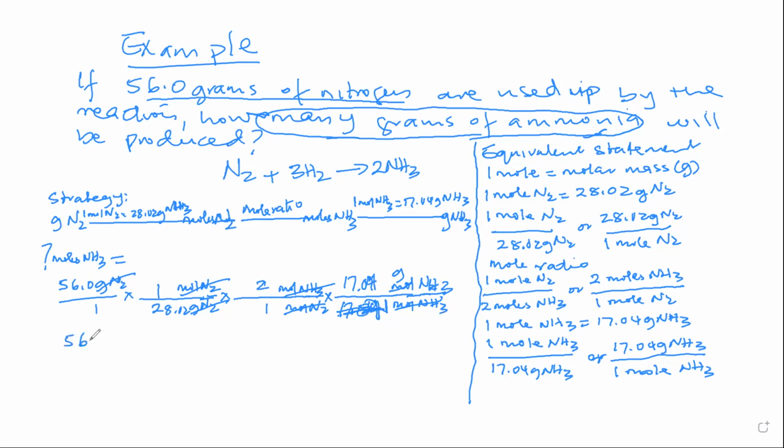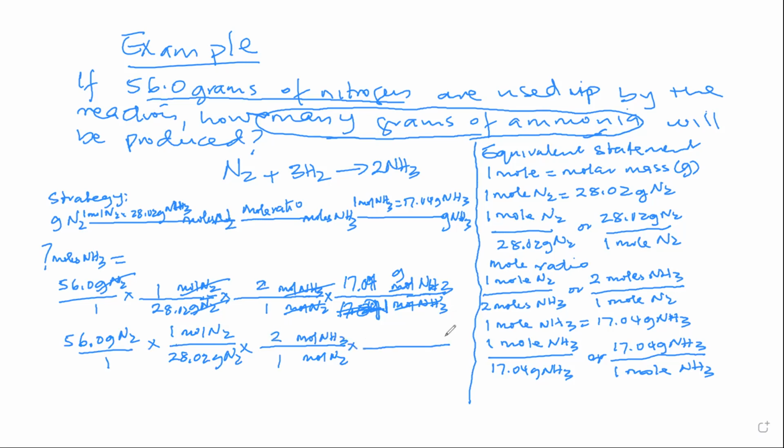56.0 grams of nitrogen over 1, times 1 mole of nitrogen over 28.02 grams of nitrogen, times moles of ammonia over moles of nitrogen using the ratio.